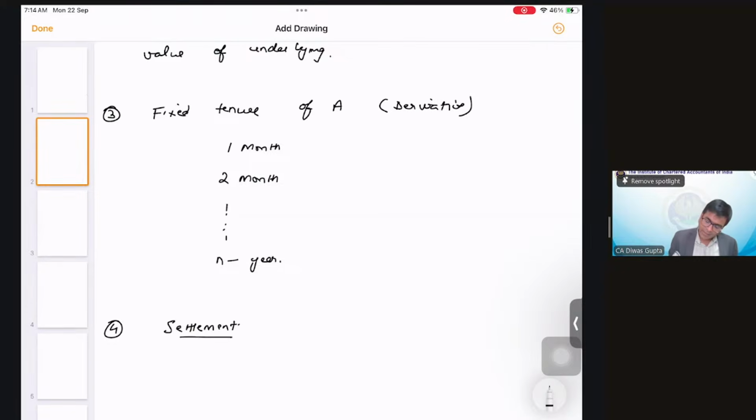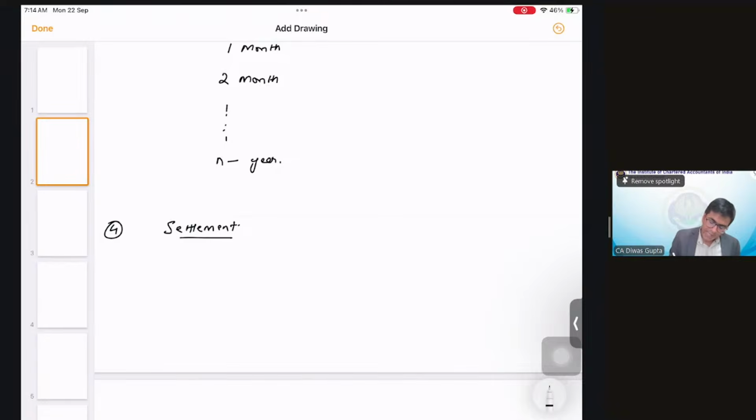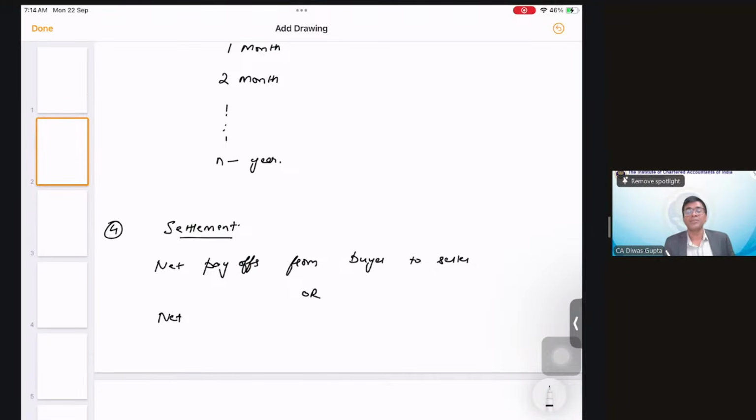So here we talk about settlement, in which case the net payoff from buyer to seller, or net payoff from seller to buyer also, it can happen. Okay.